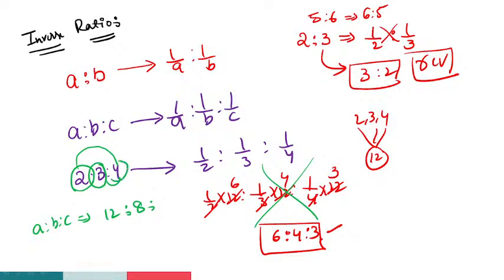If you want to find out the C value, just close the C, multiply the remaining two numbers. 2 3s are 6. Let me calculate: 2 6s are, 2 4s are, and 2 3s are. The final answer here is 6 is to 4 is to 3. Clear, all of you?